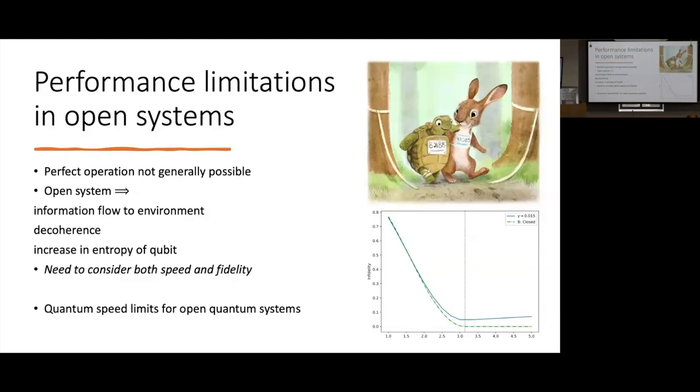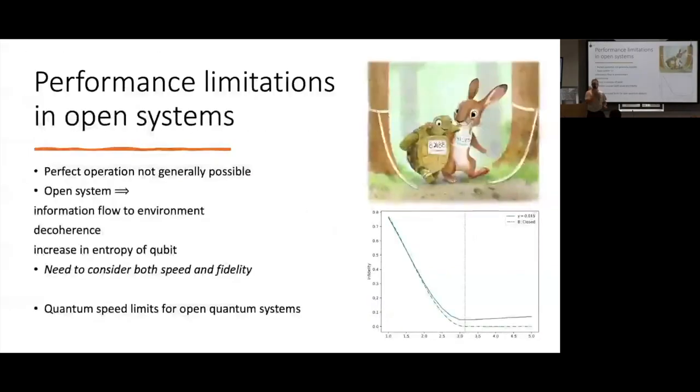If you took a simple Markovian model of decoherence and add it to this perfect unitary case, you'd get a curve something like this. Here you don't have enough time to implement the process. As you go to longer and longer times, though, you're starting to get more and more decoherence, the state's going away. And so actually, in that case, you want to work as fast as you can. So it seems like the hare is going to win and the tortoise and the hare story is not relevant.